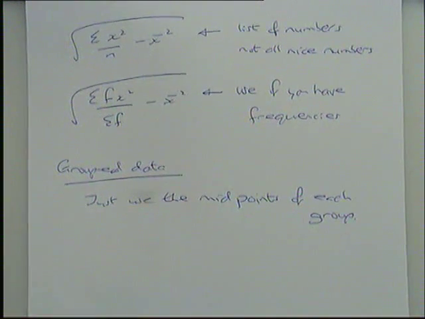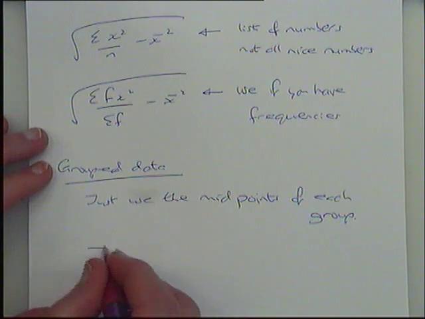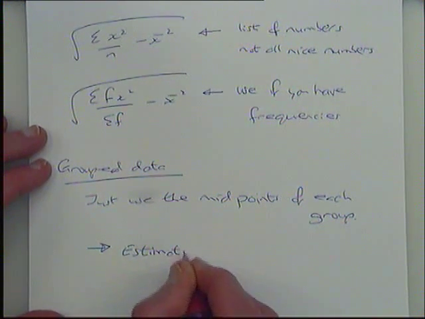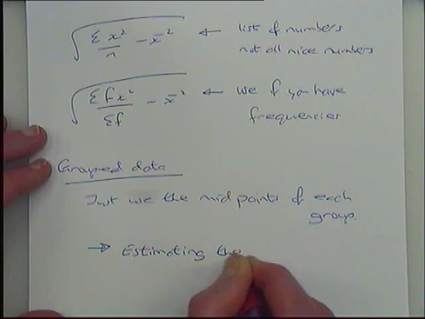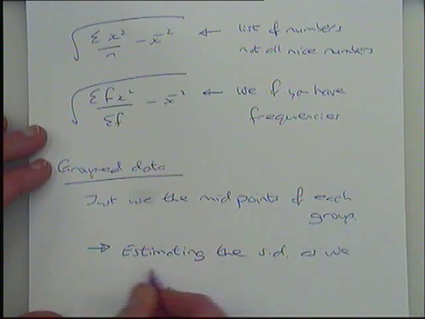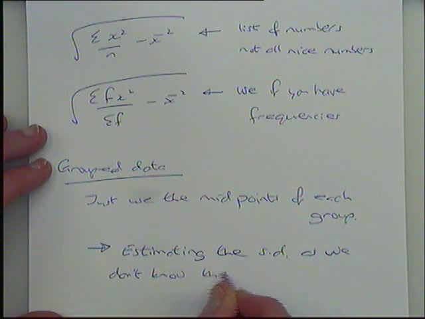And what does that mean about our answer? It's an estimate, yes. So that means you are estimating because you don't know what the original data is. So you are estimating the standard deviation as we don't know the original data.